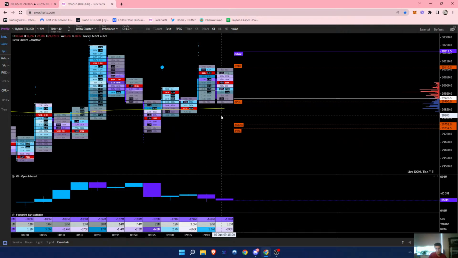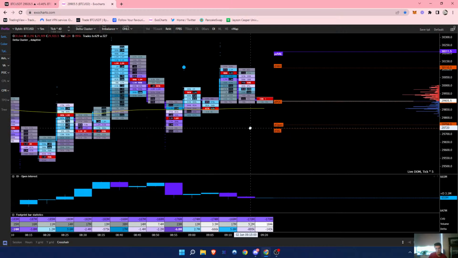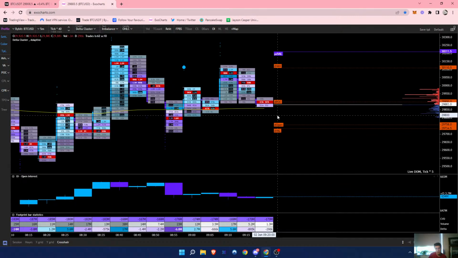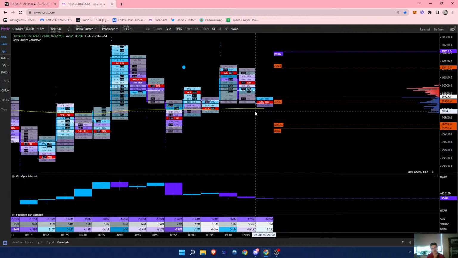Again, OI is decreasing as price is coming down. At the daily point of control, VWAP kind of. This might actually be a tough day to trade because of the UK markets.